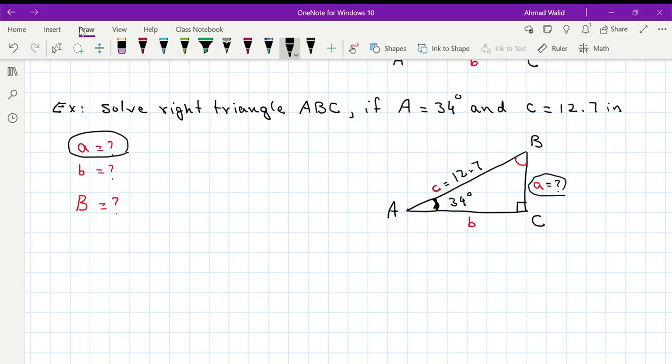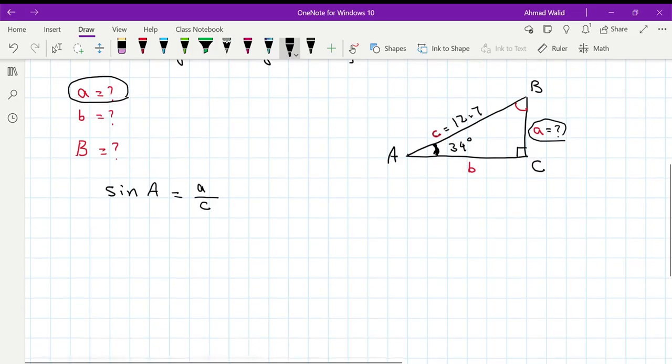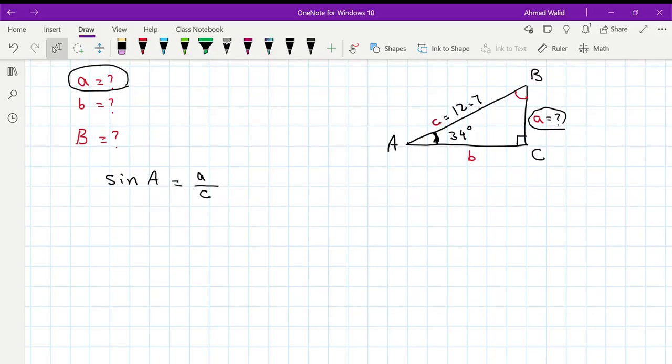Then, if I use sine of angle A equals opposite, which is a, over your hypotenuse, which is c. You see, two values are given here for you. You are just looking for a. It's really easy to calculate, correct?